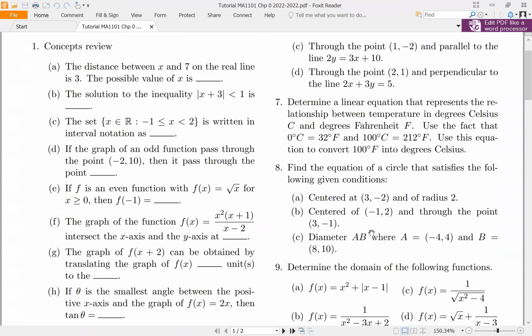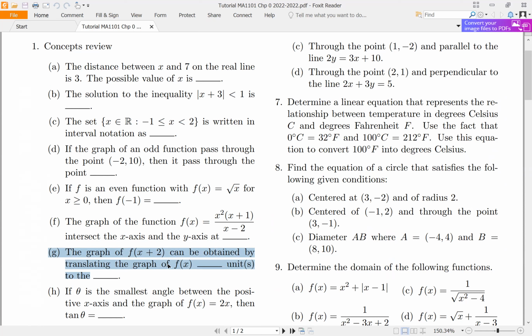For example, if you consider this concept review, especially for the topics on functions, I recommend you to consider the translation of the graph of the function, let's say like 1G here.